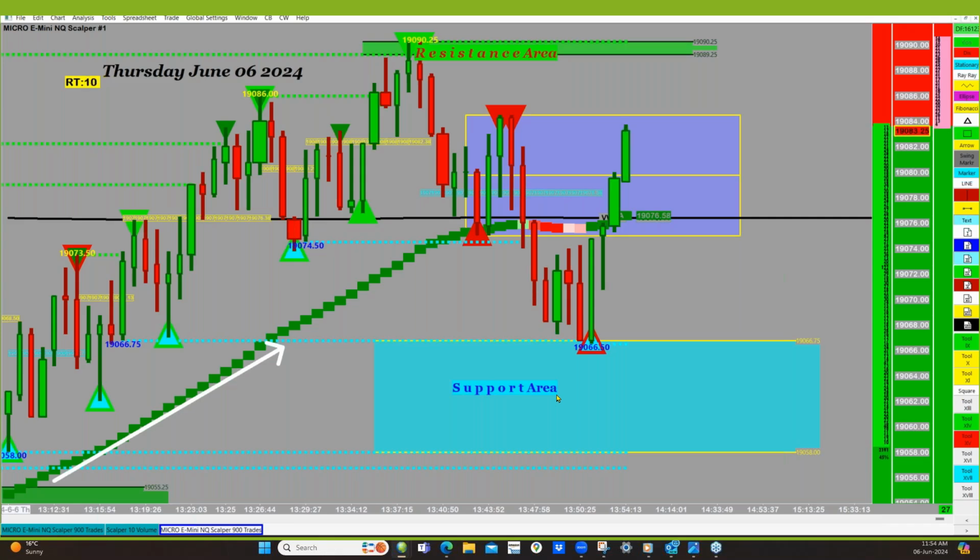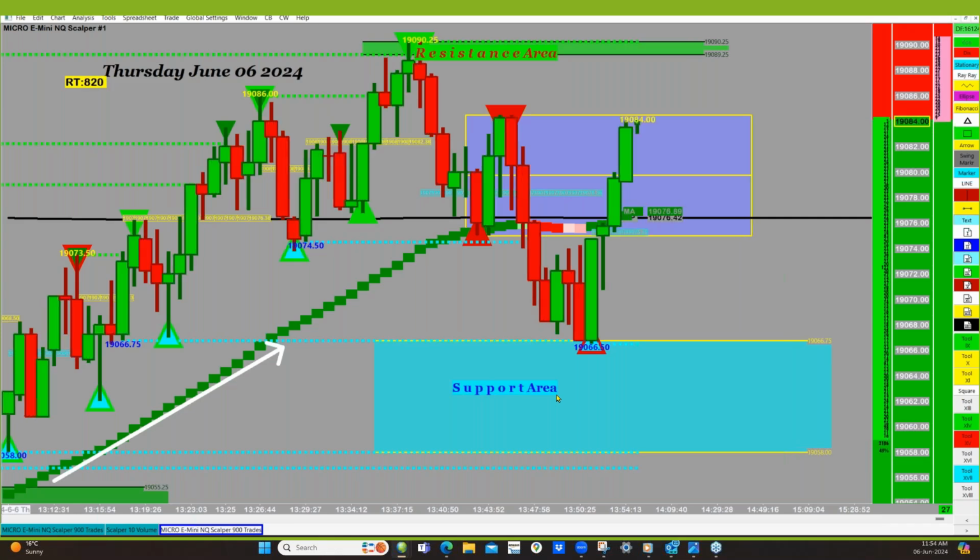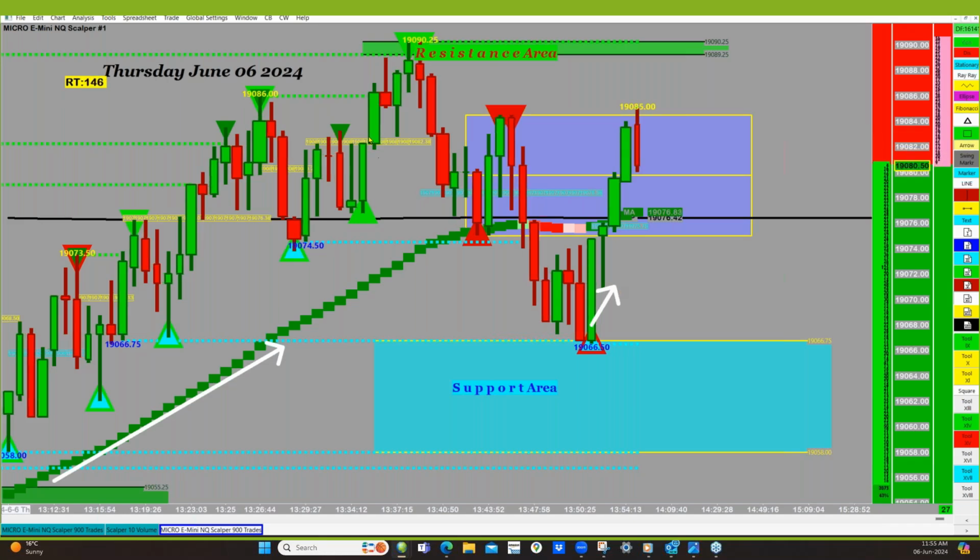So we expected to have the market return to this area, especially off of the placement of the red candle and the green candle. All right. So for instance, this green candle was a very bullish candle, but the placement of the red, if the red is at the high, it's bearish.